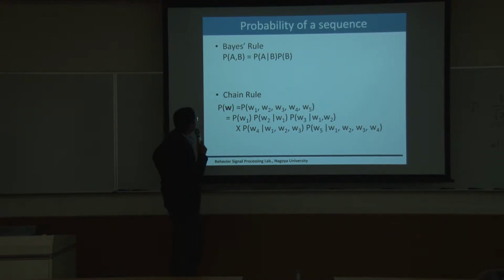Bayesian correlation between two variables, for instance: the joint probability of A and B can be calculated by the product of the conditional probability of A under the condition that B is given, times the probability that you observe B. Okay, this is a very simple and fundamental correlation.